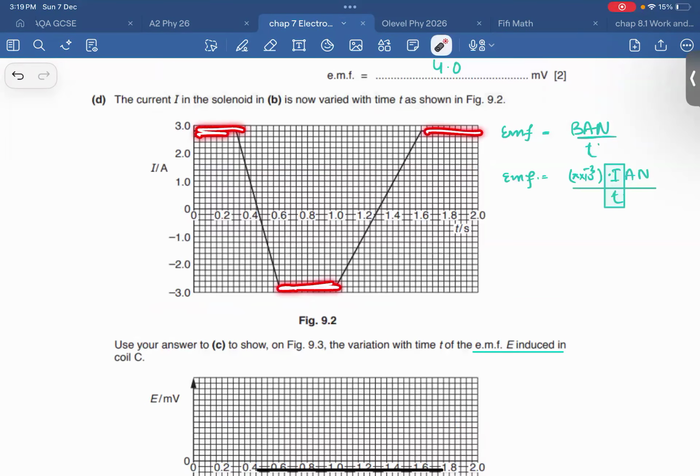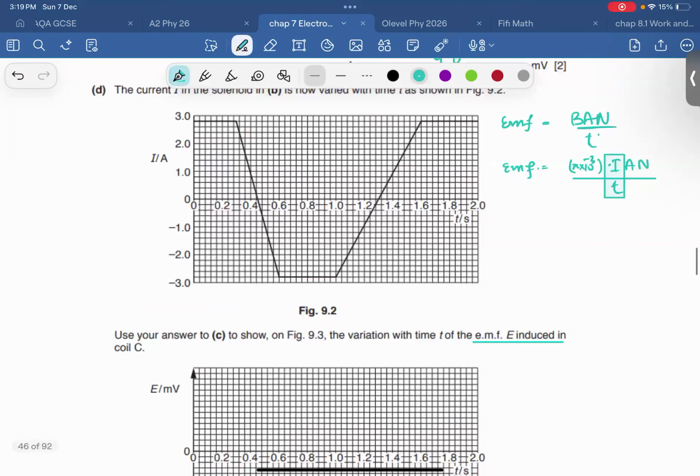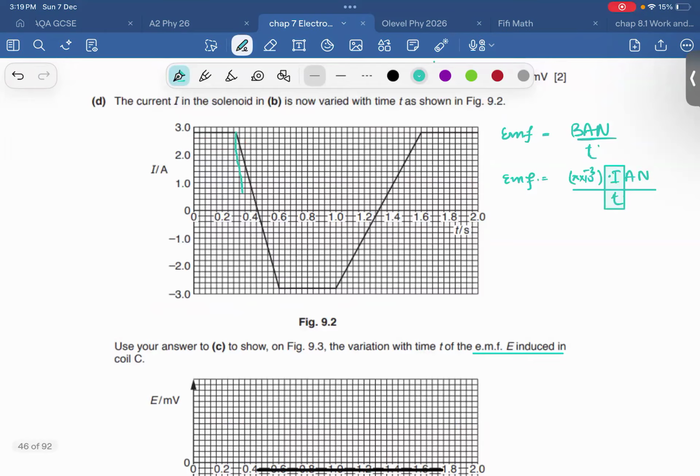In these three portions we don't have any change, so it will be zero right away. Basically, these are the three portions.